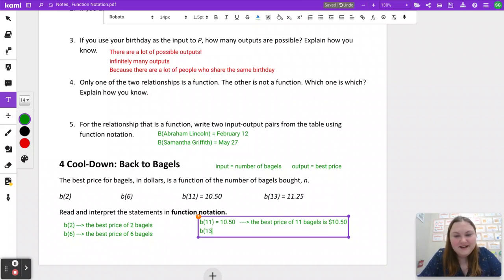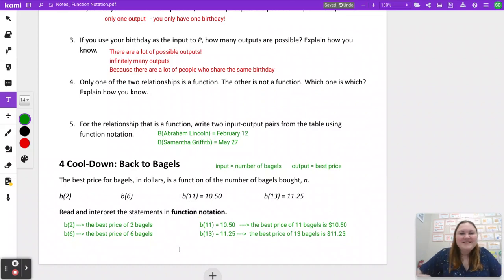For that other one, B of 13 equals 11.25. You have this one right. B of 13 means I'm talking about the best price of 13 bagels. And that equals 11.25 tells me I can actually say what the best price is. The best price must be $11.25.